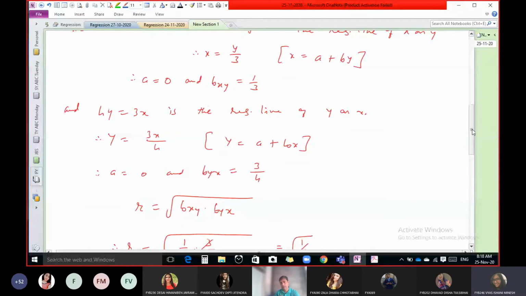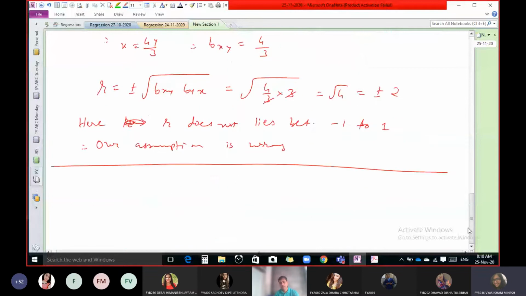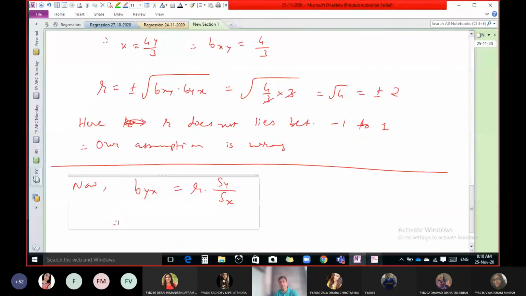Sir, we can take any of the regression coefficients to find the standard deviation. Correct. You are right. Let us start with this byx. What is the formula of byx? r into Sy upon Sx. And we have the value of byx. What is byx? 3/4. Just check it. byx is 3/4.